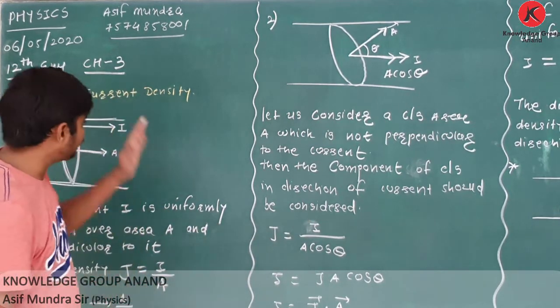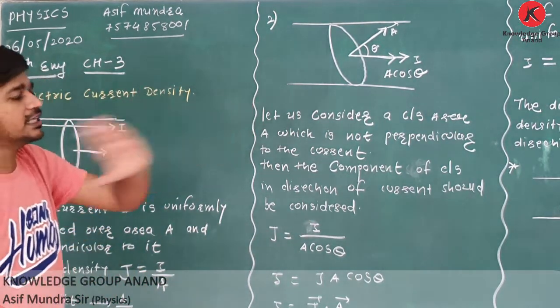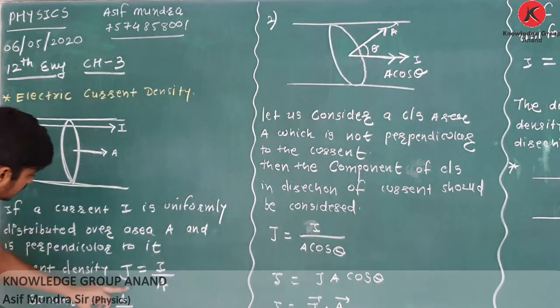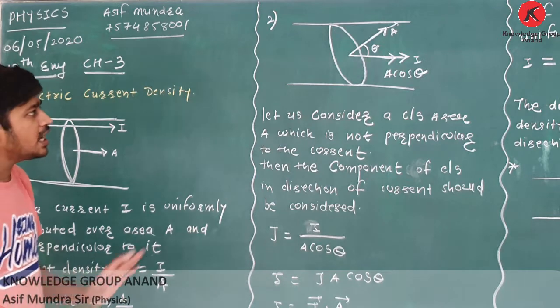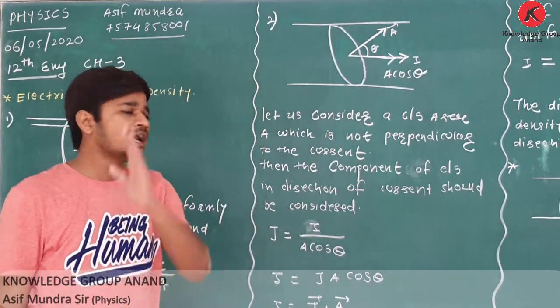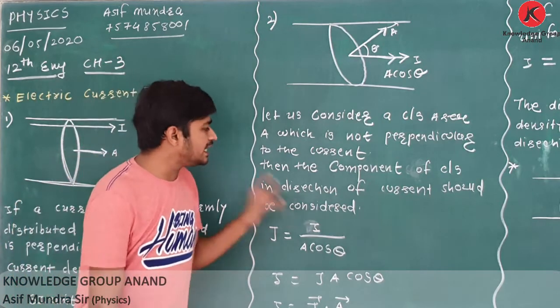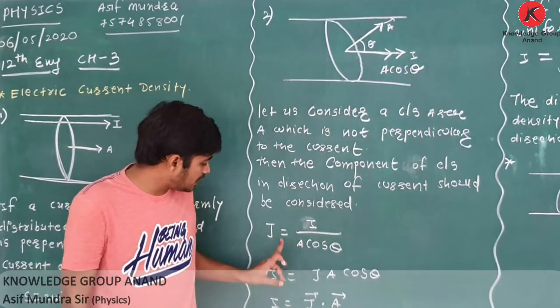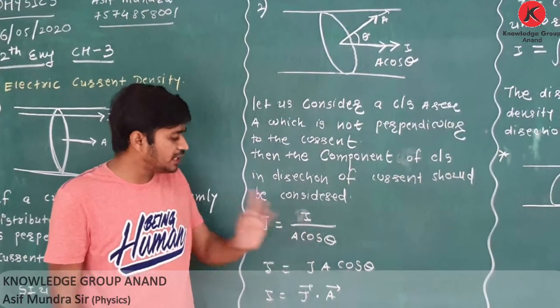So see what is the difference between case 1 and case 2. If I and A are in the same direction, then simple, J is equal to I upon A. But if they are not in the same direction, then you have to consider the component of the area vector in the direction of electric current. So J is equal to I upon A cos theta.